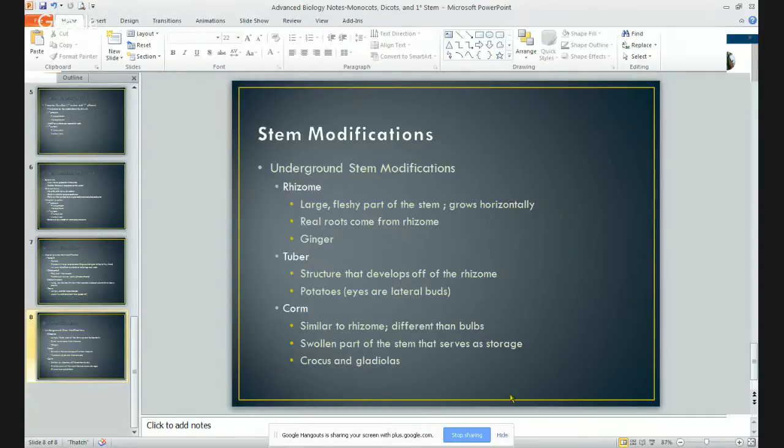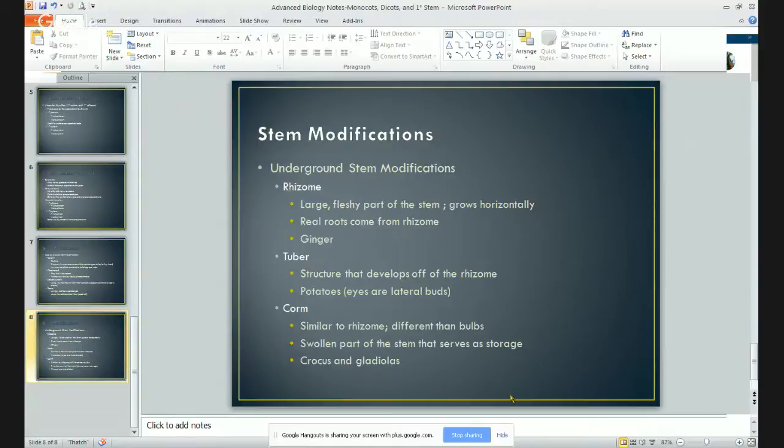And then the last structure would be the corm that would develop underground. This is really similar to a rhizome, but it looks like a bulb, but it's not. Onions are bulbs, but not corms.